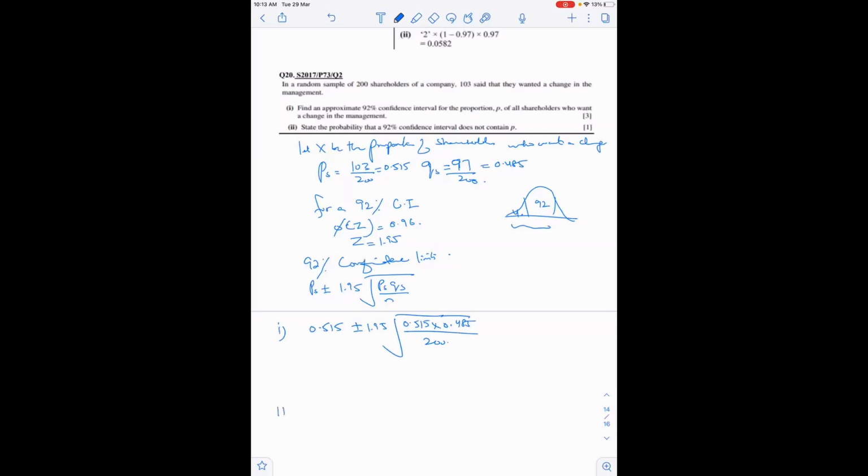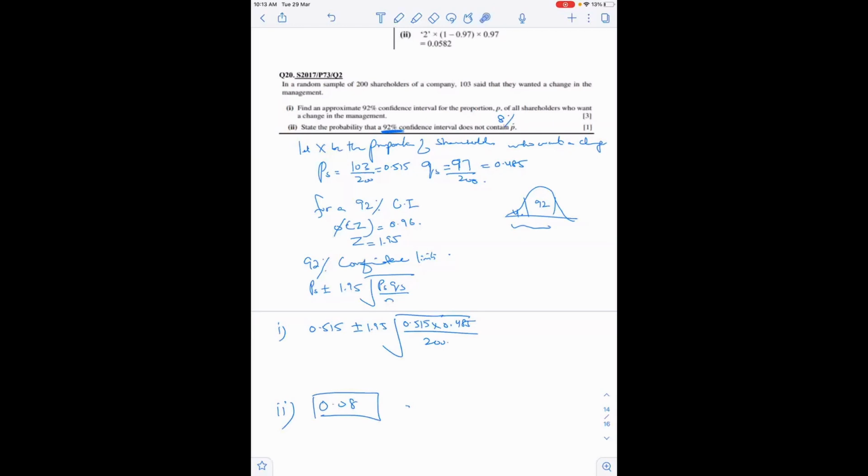Okay? Second part. State the probability that a 92% confidence interval does not contain P. A 92% interval not containing P will be 8%, which is 0.08. Are you getting it? Yeah.